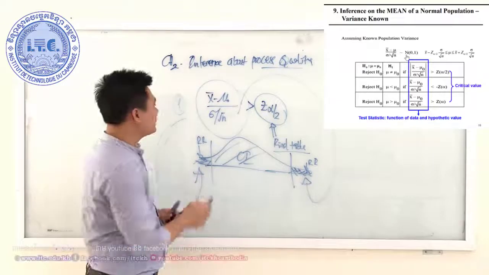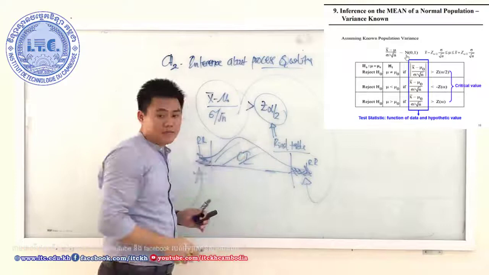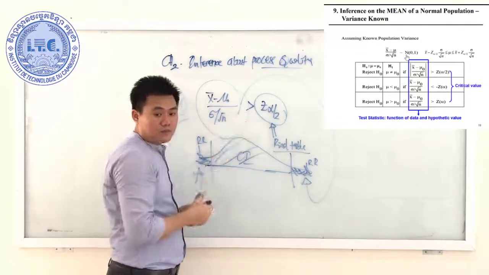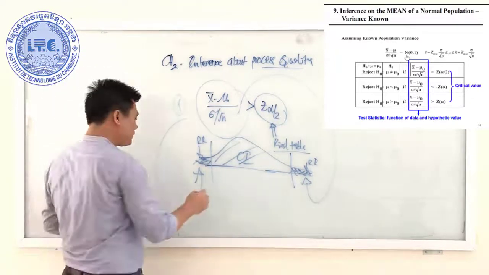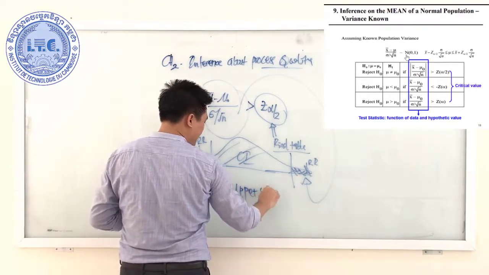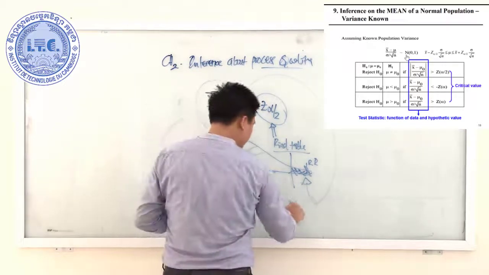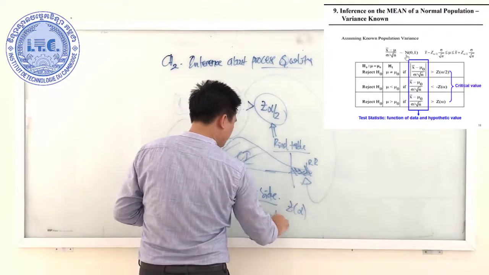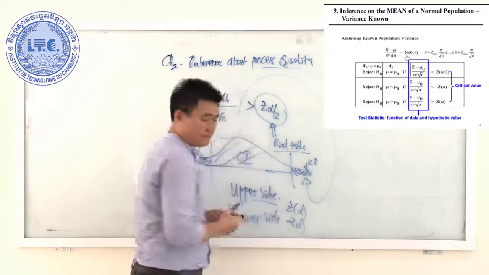So what you do is calculate this and compare it to the reject region. This is the reject region they mention. This is the critical value. If you are going to check the upper side, you need to compare with Z alpha. If the lower side, you have to compare with Z alpha, the same but minus.